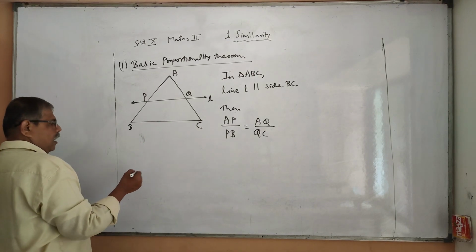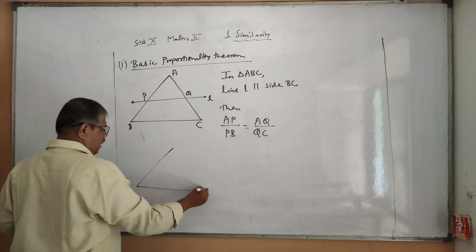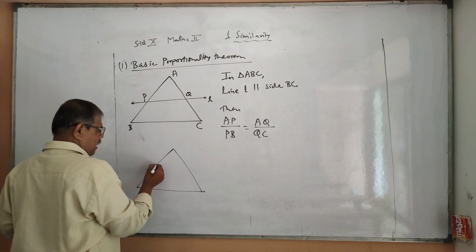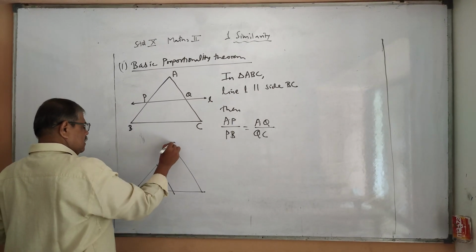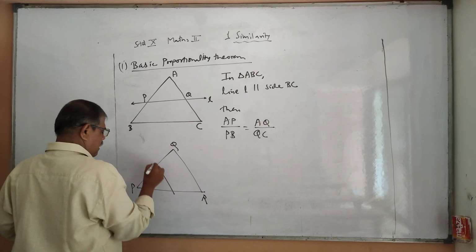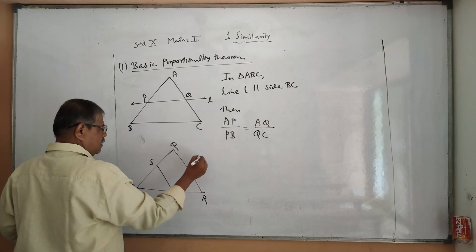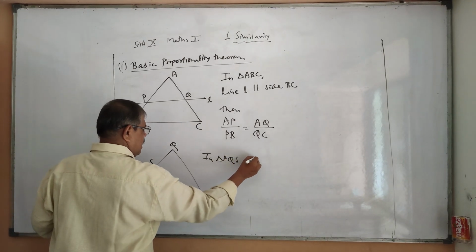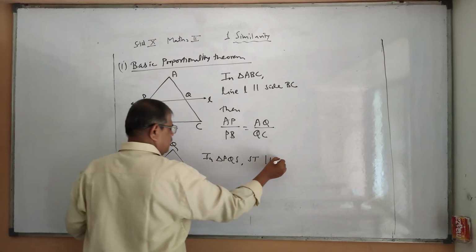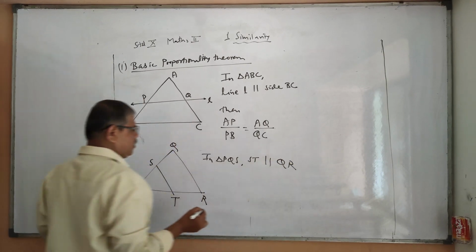So you must know how to apply the property. Suppose I draw the triangle like this, and here I show you the parallel. I take the name of the triangle as PQR, with ST. So here in triangle PQR, ST is parallel to side QR. So how to write the ratio?